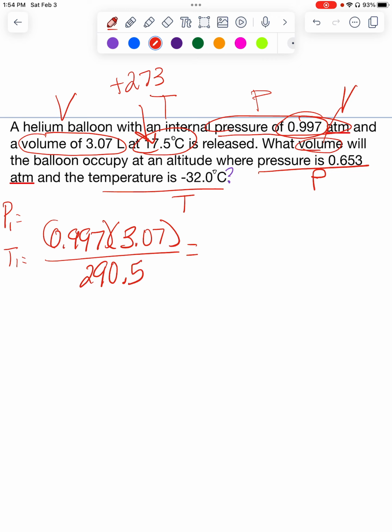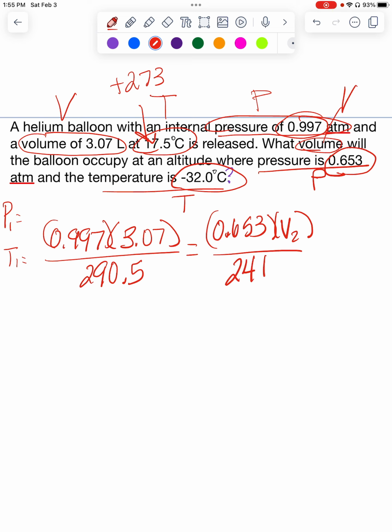So what do we have on the other side? P2, well, that's going to be 0.653. What volume? Well, I don't know V2. And the temperature, again, negative 32 plus 273. So you're subtracting 32 and you're going to get 241. Now this really overwhelms students, and you could do this one of two ways.